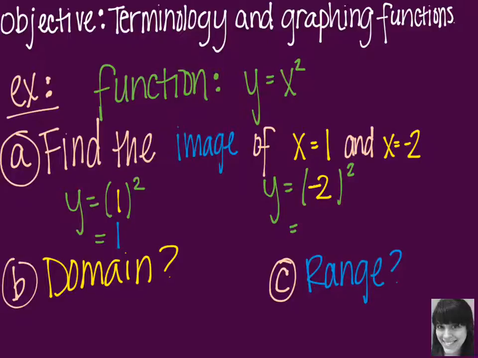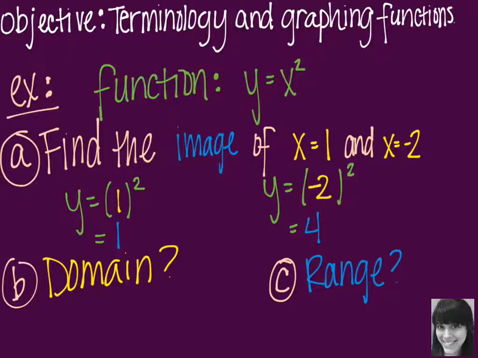If you put it on the outside of the parentheses, you get negative 4, and you don't want that. So the negative 2 needs to go inside the parentheses when you substitute. Okay? So that's the image.